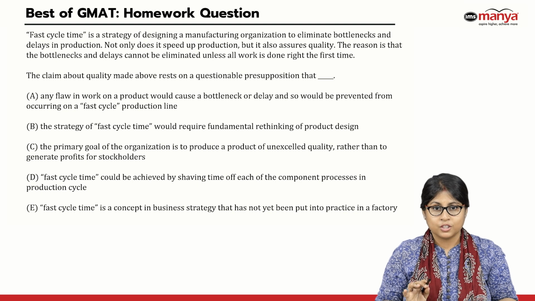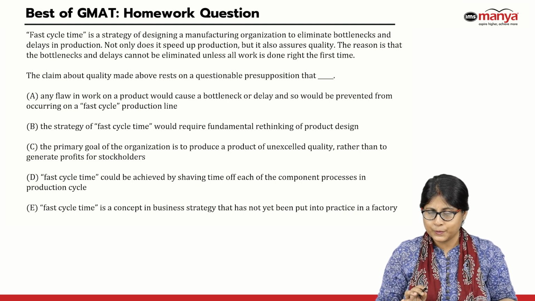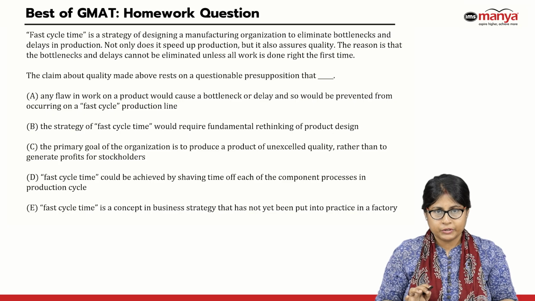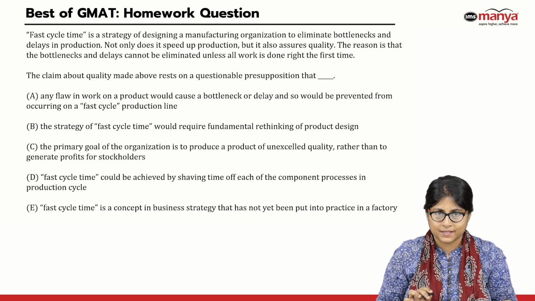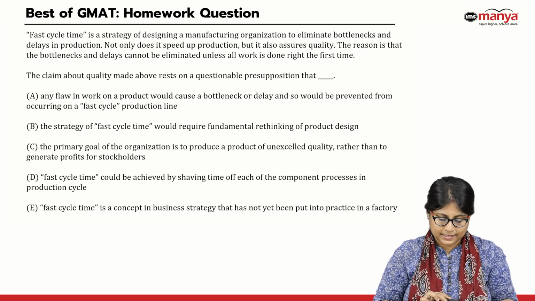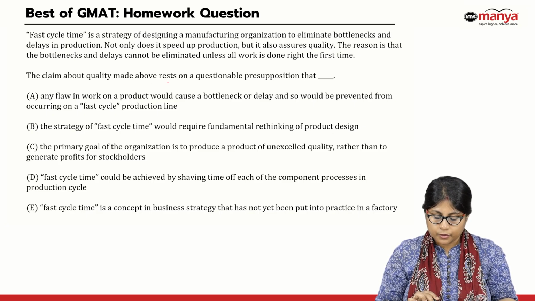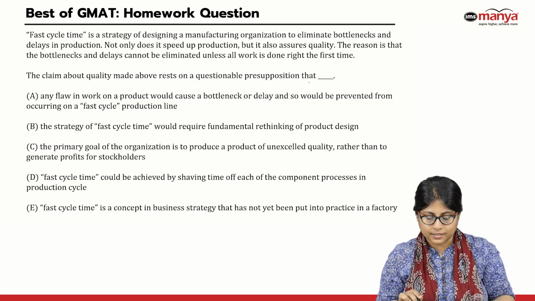We will be applying the structured approach, the 4-step approach we had discussed in the last video. First, we read the question stem to identify what question type this is. Here it says, the claim about quality made above rests on a questionable presupposition that.